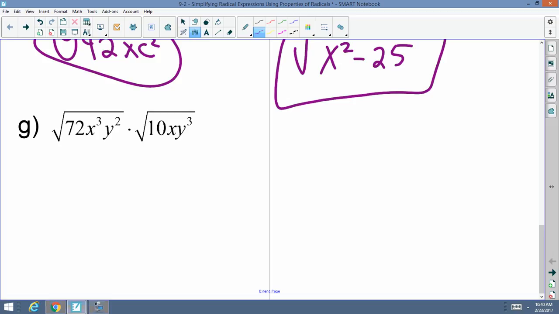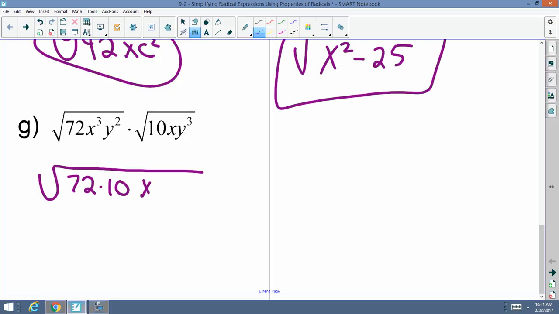Yeah, well, what am I going to get here? Okay, this is where I would differ with that. Most people are going to multiply the 72 and the 10, but that can get complicated. So what I do is I go 72 times 10. I leave them separated.